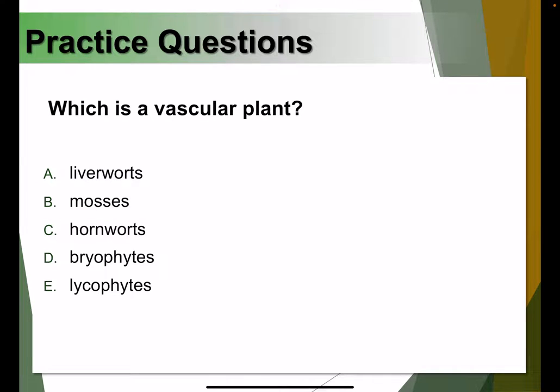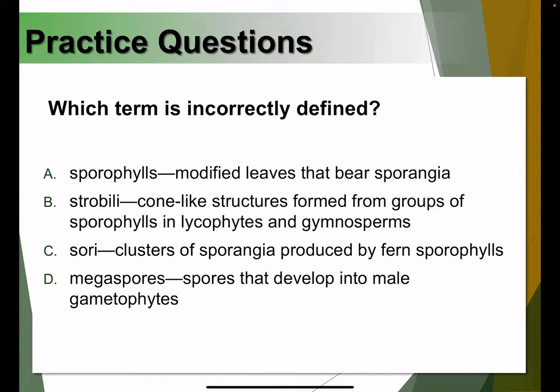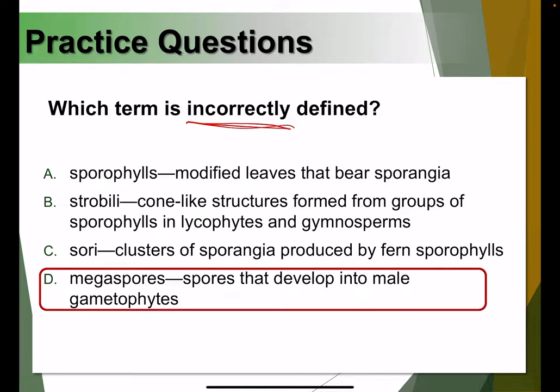Okay, which of the following is a vascular plant? Not non-vascular, but vascular. Lycophytes, because liverworts, mosses, and hornworts are all bryophytes, which are the non-vascular plants. Which term is incorrectly defined? Megaspores, because they are not spores that develop into male gametophytes.